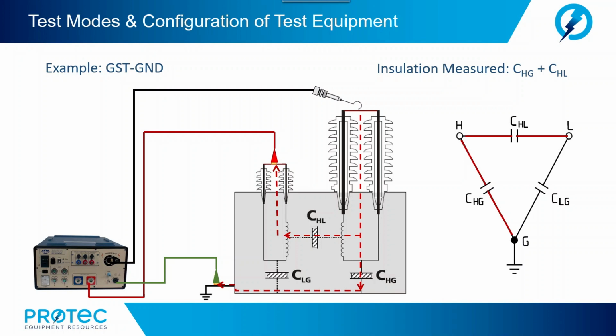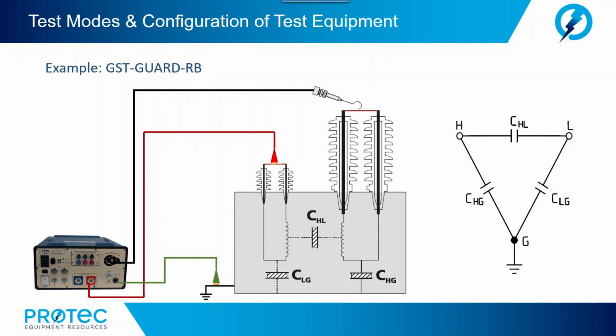The insulation measurement is going to be the combination of the capacitance of high to ground and the capacitance of high to low. That is the section of the insulating system that we are in essence measuring.